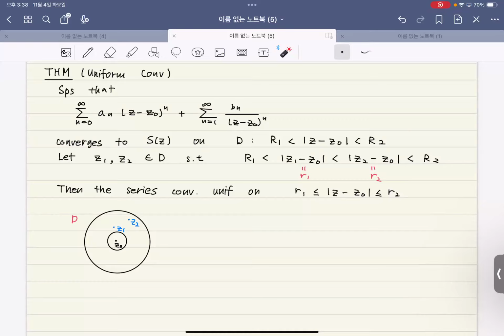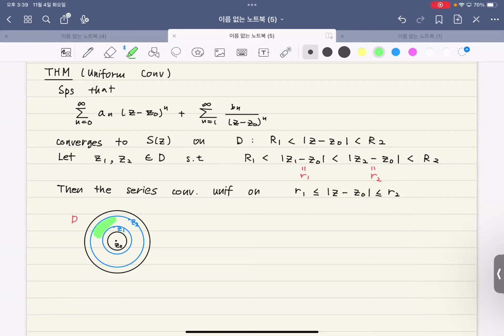Then the conclusion of this theorem is, under this hypothesis, oh, my picture is not horribly complete, but not that bad.